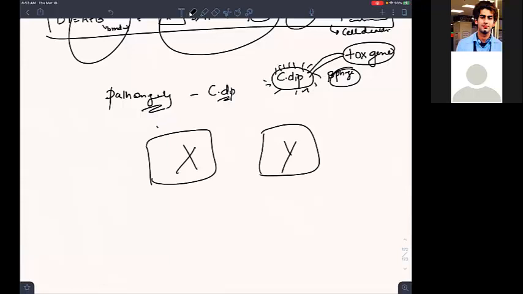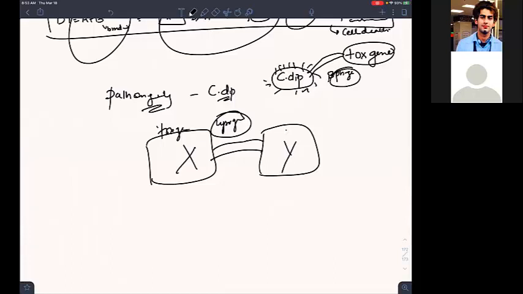Now this X bacteria has the tox gene. Now this X bacteria is giving it through the phage, lysogenic conversion, for example. Do we remember the lysogenic conversion from microbiology? So by lysogenic conversion, I am converting this bacteria into pathogenic, isn't it?